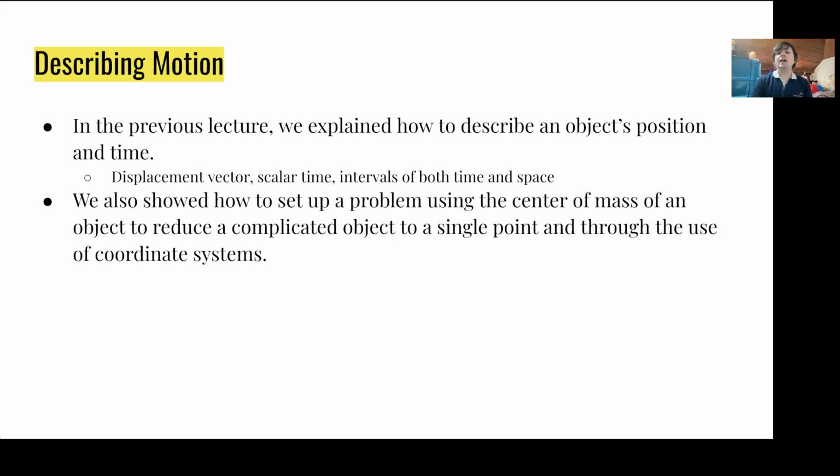We showed that it's very convenient to set up a problem using the center of mass in order to reduce a very complicated object into a single point that you can track that point's movement around. And also by applying a coordinate system onto the problem in order to make it easier to mathematically solve.